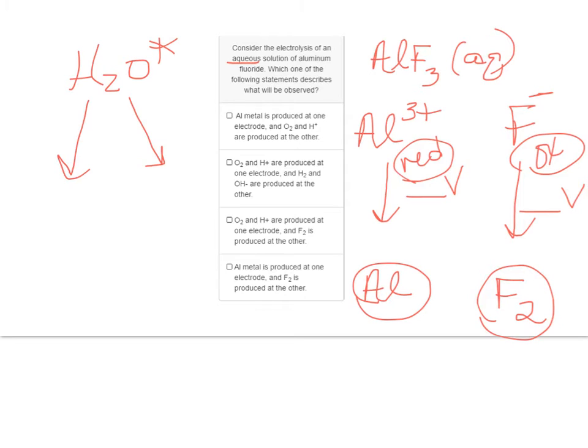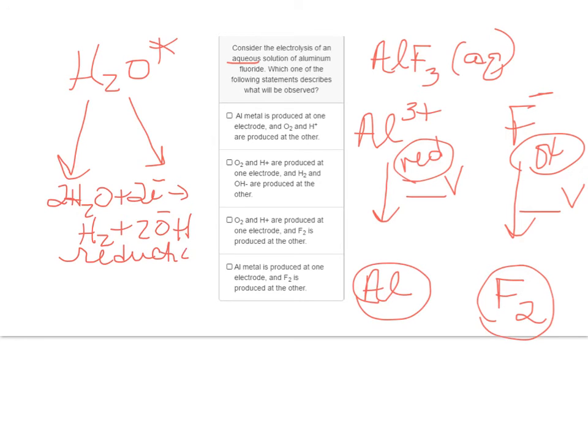So when you're looking at the standard reduction table, which I hope you're doing now, one of the half reactions you will find is 2 water molecules plus 2 electrons goes to hydrogen gas and 2 hydroxides. That is clearly a reduction half reaction because it's adding electrons. And the voltage for that is minus 0.83 volts.